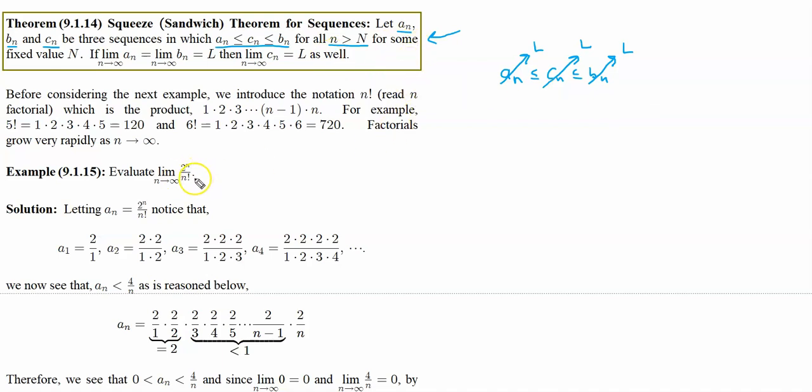Now let's take a look at this example down here. Before we look at this example, let's recall what a factorial is. So n factorial, that's how you read this value, n with the exclamation mark after it, is defined to be the number 1 times 2 times 3 times 4 times ... all the way out to n.